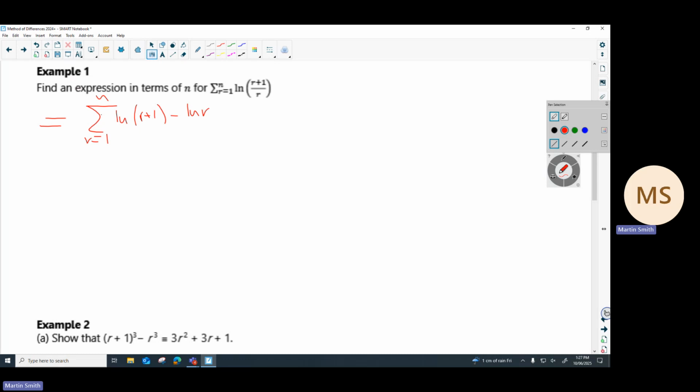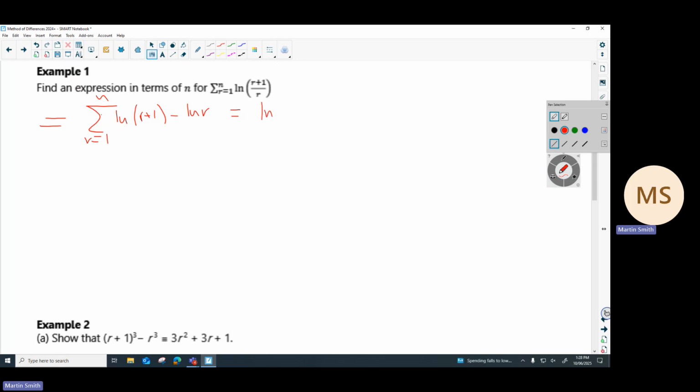Now, what I'm going to do next is, so I've now written the formula we're trying to sum as the difference of two simpler functions, two related functions, the same formula, just a different value of r. What I'm going to do now is start writing out the series, and I'm always going to write down the first 2 or 3 terms and the last 2 or 3 terms to see what happens. So this means sum this series, starting at r is 1.